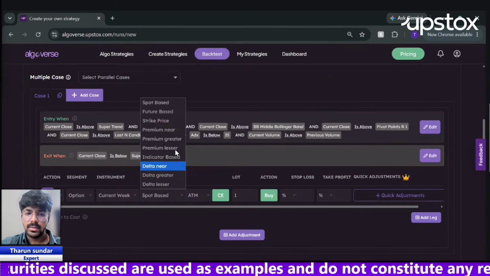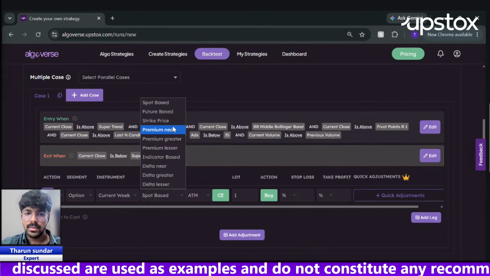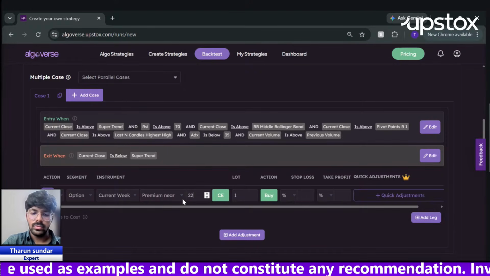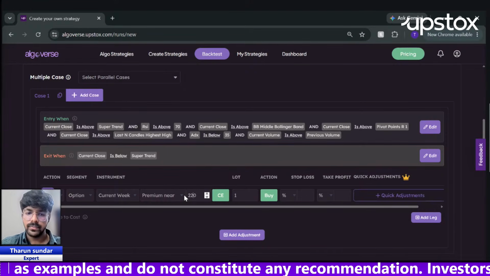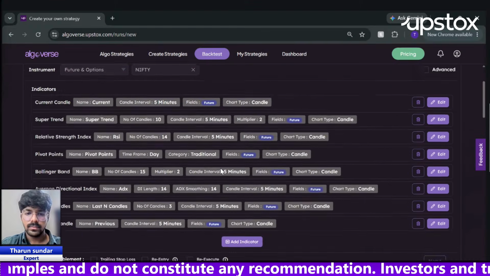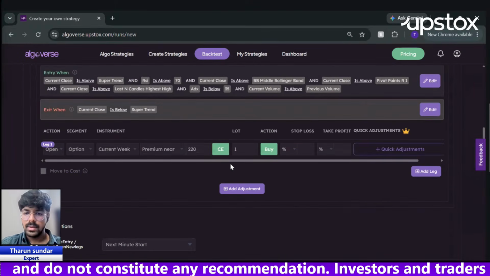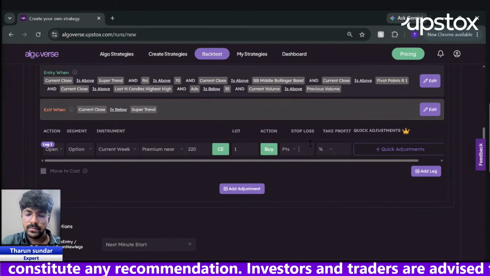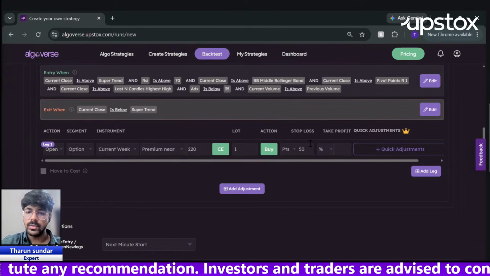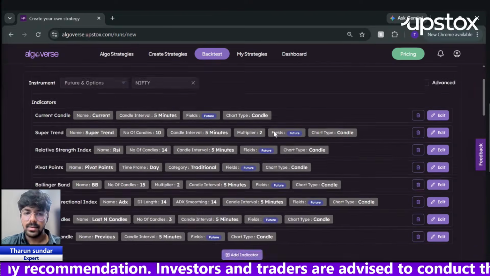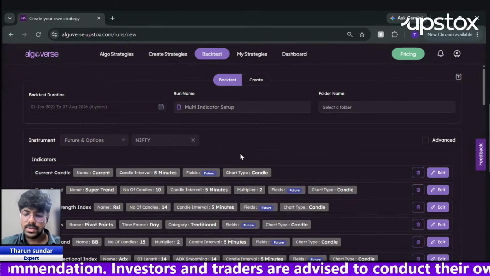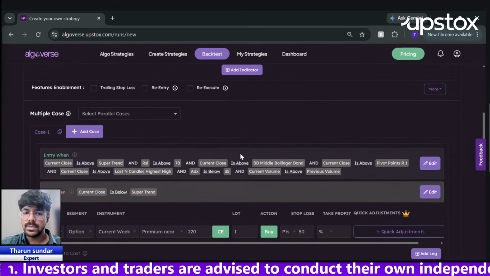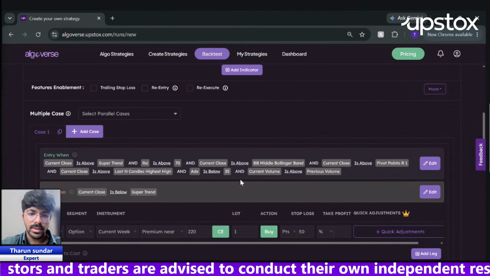And let's trade a premium near, say, 220, for example. And let's give a point-based stop loss of 50 points, maybe. So this is to show you what the capabilities are in Algoverse. I can add this number of indicators and then automate them.